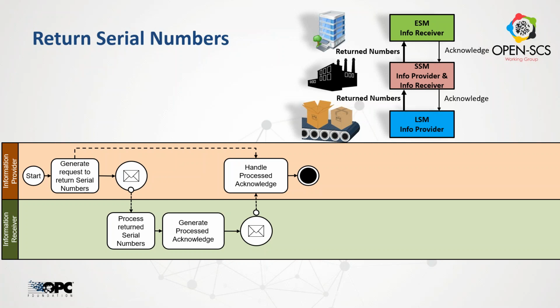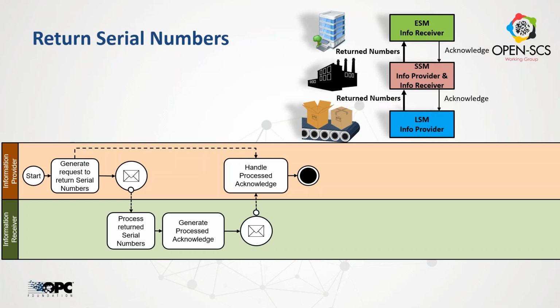So we have a service that says, okay, how do I return serial numbers? How do I, as an LSM, say, I was told to make 1 million products. I ran out of product at 990,000. Here's the 10,000 serial numbers I will not be using. I don't want you to assume that they're going to be in the supply chain.